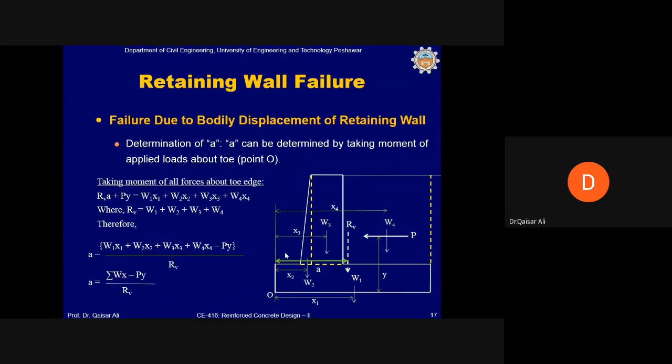Okay, the determination of small a, which is the distance of RV or summation of W from the tip of the toe, is demonstrated in this slide.